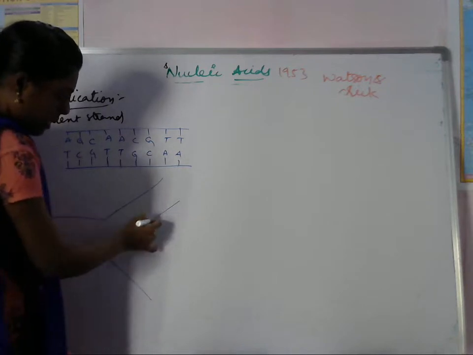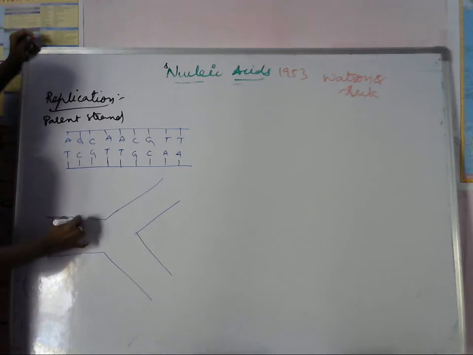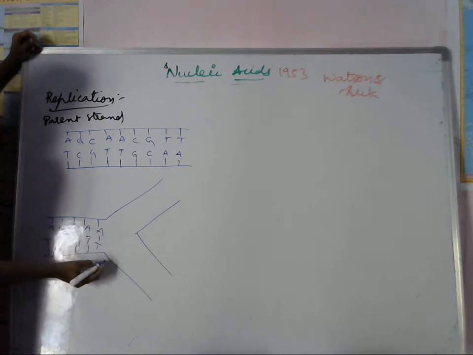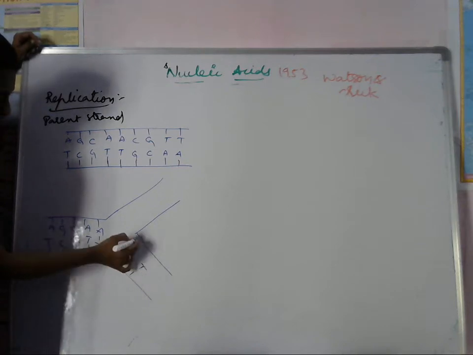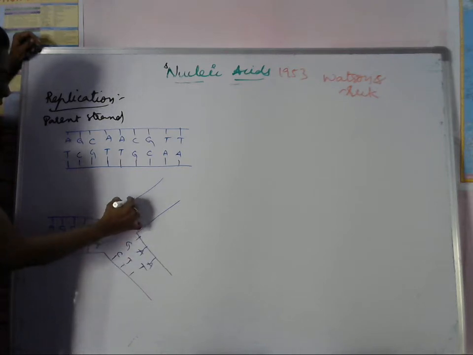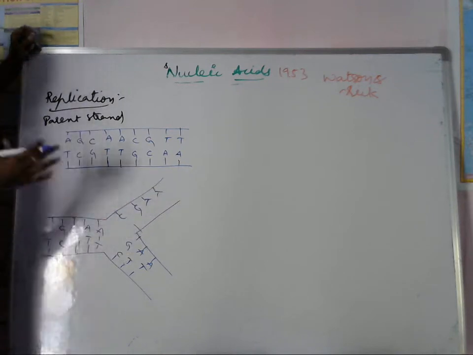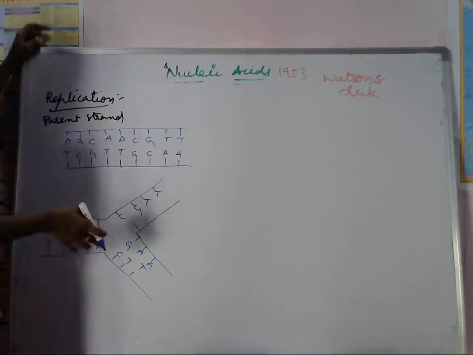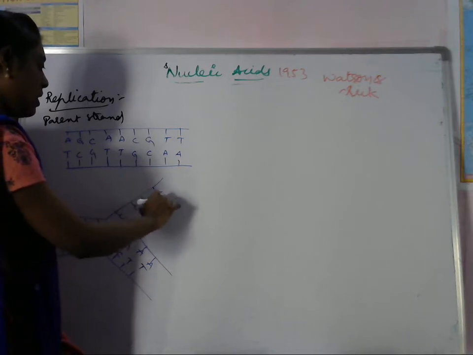Here A is there, G, C, A, here T, C, G, T, and T is there, C, T, T, we have G here, A, C, G, whatever, not exactly identical, so it will be like this. Here G, C, A, and A will be there.